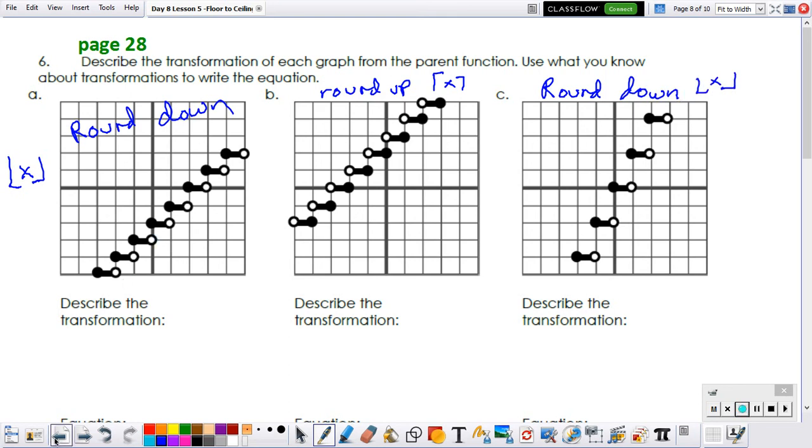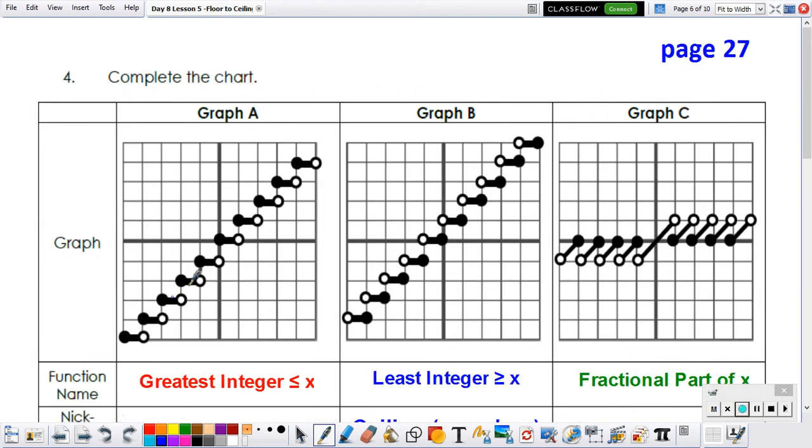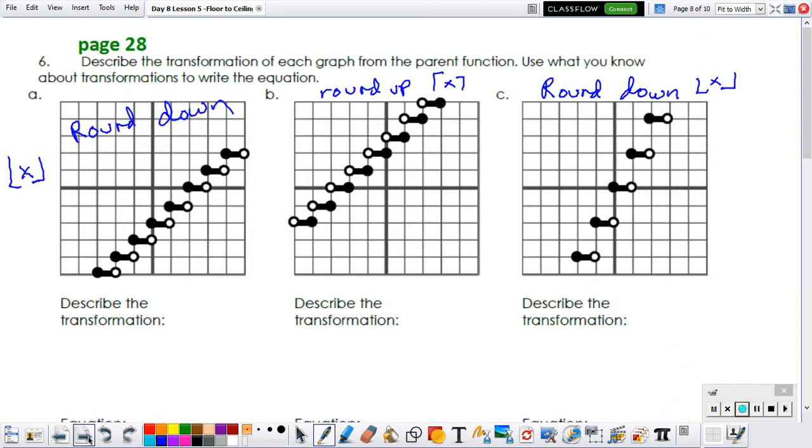Well, let's flip back to page 26 because these are new functions. On page 26, I know that my round down function has a closed circle on 0, 0, so that's like my shift point. So we'll see if we have a point at 0, 0. No, we do not. There is no point here. But I got one down here.